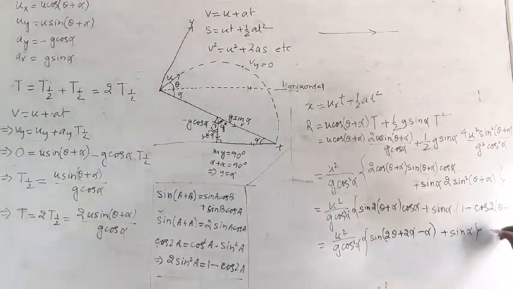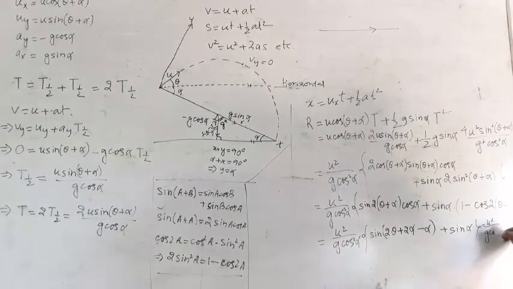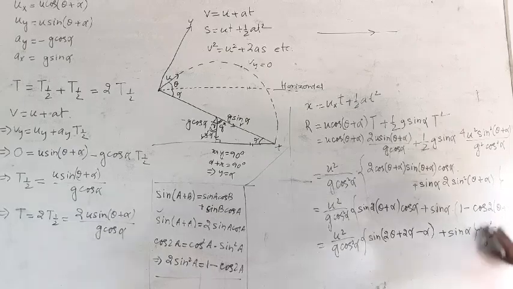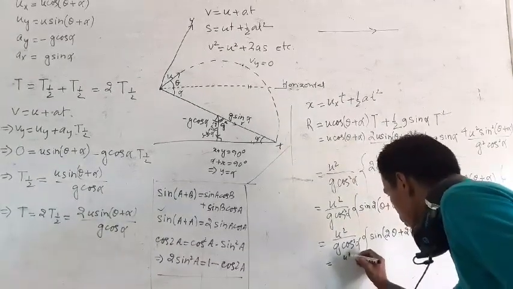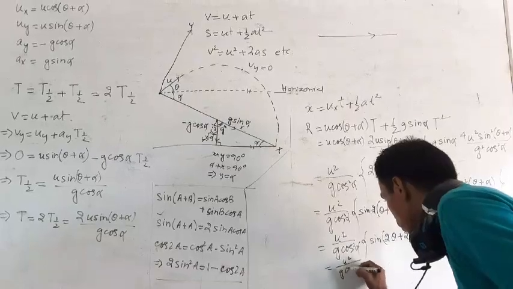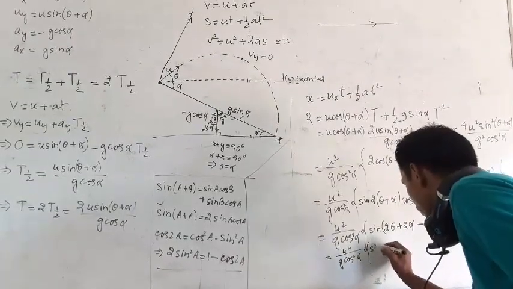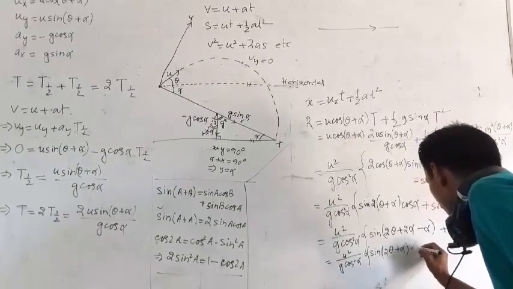So the final expression is R equal to u² divided by g cos²α, whole into sin(2θ + α) plus sin α.